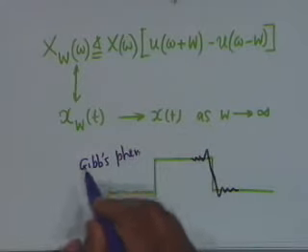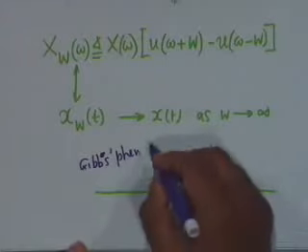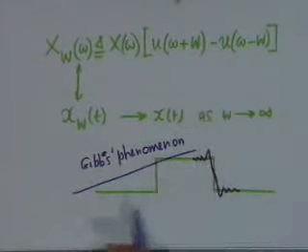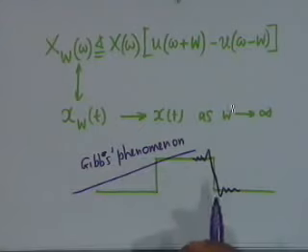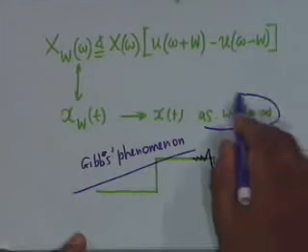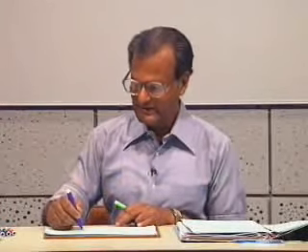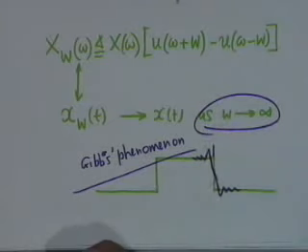Gibbs, I have written wrongly. The name is Gibbs, so the apostrophe must come after S. Gibbs phenomenon. And you can make quantitative judgments of how much is the overshoot, how much is the undershoot, and so on. And contrary to expectation, even when W is very large, infinitely large, instead of a discontinuity like this, you will get a rod like this here.